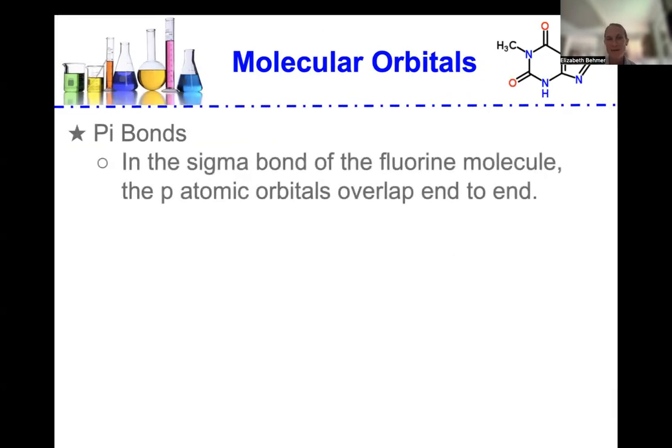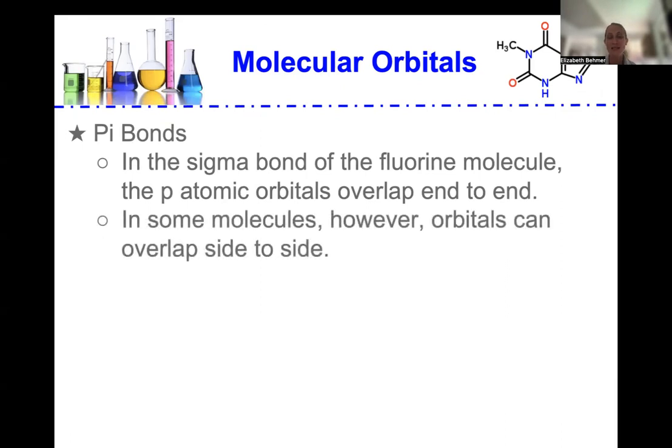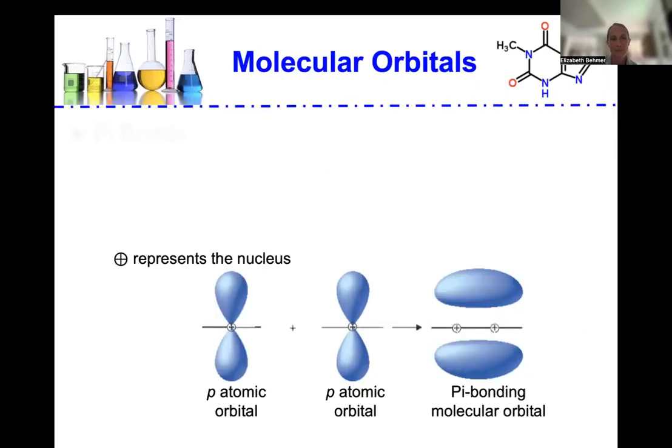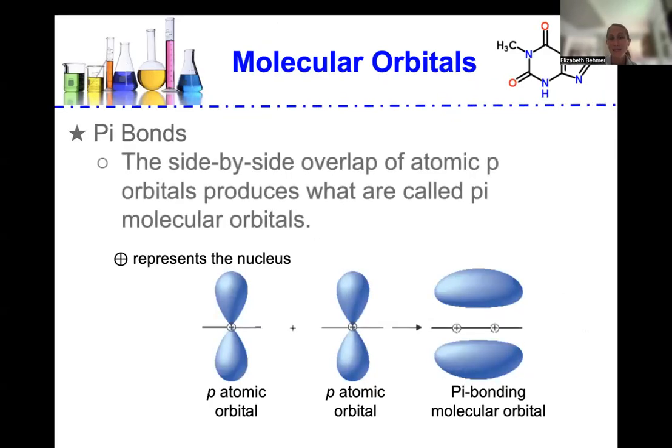Then we have pi bonds. In the sigma bond of the fluorine molecule, the p atomic orbitals overlap end to end. In some molecules, however, orbitals can overlap side to side. The side-by-side overlap of the atomic p orbitals produces what are called pi molecular orbitals, as shown here. So we have a pi bonding molecular orbital.